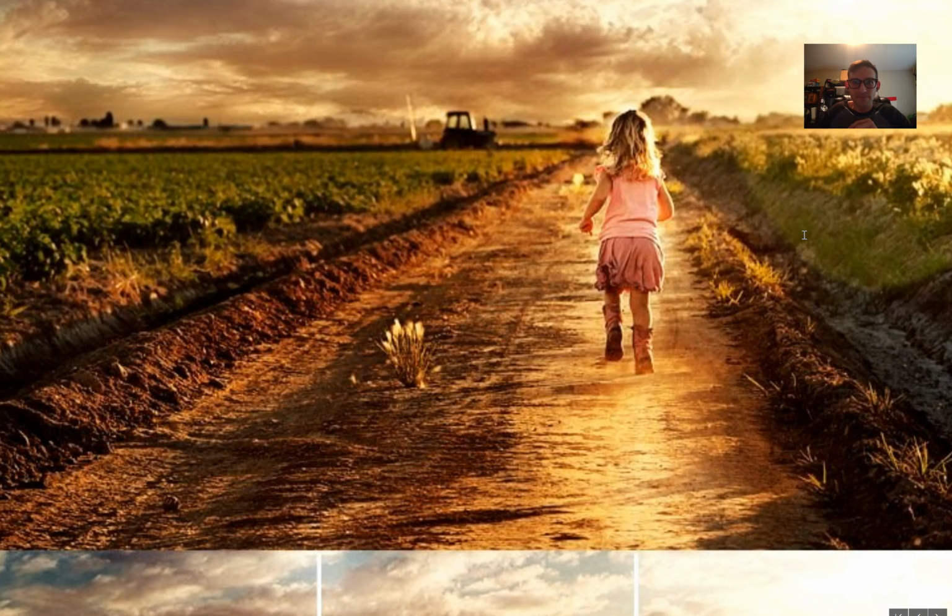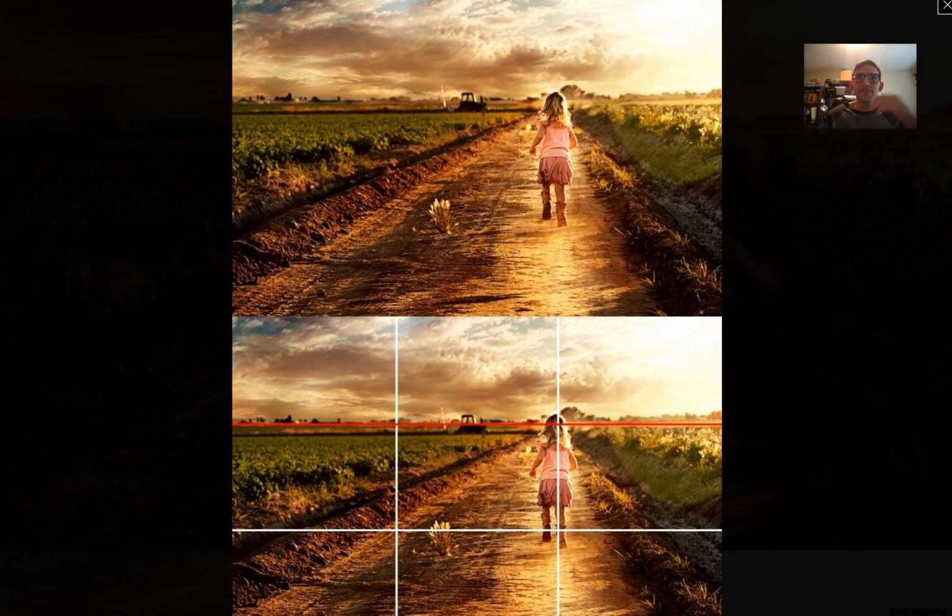Take a look at this top photo. The rule of thirds is used quite effectively. On the top photo, you have this picture of a girl running down a row in a farm field. As you can see in the rule of thirds below, you have a line on the horizon, the red line there.